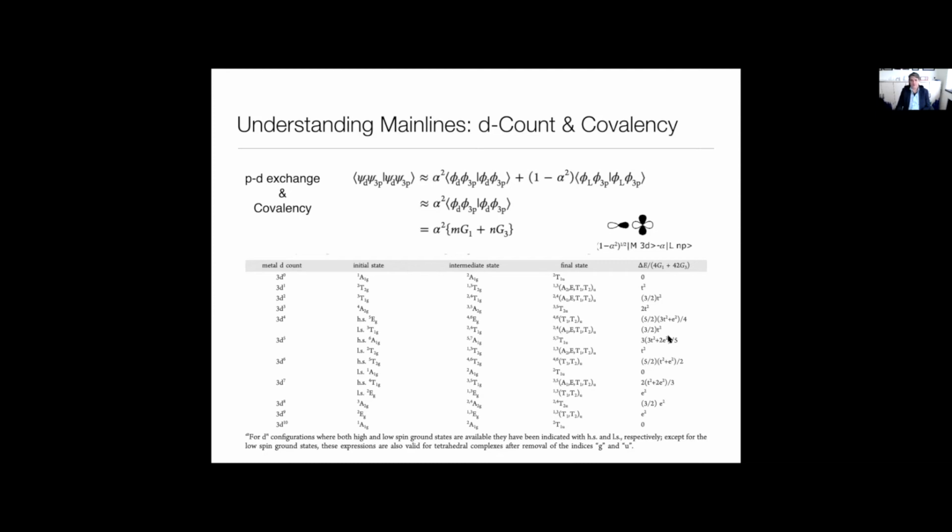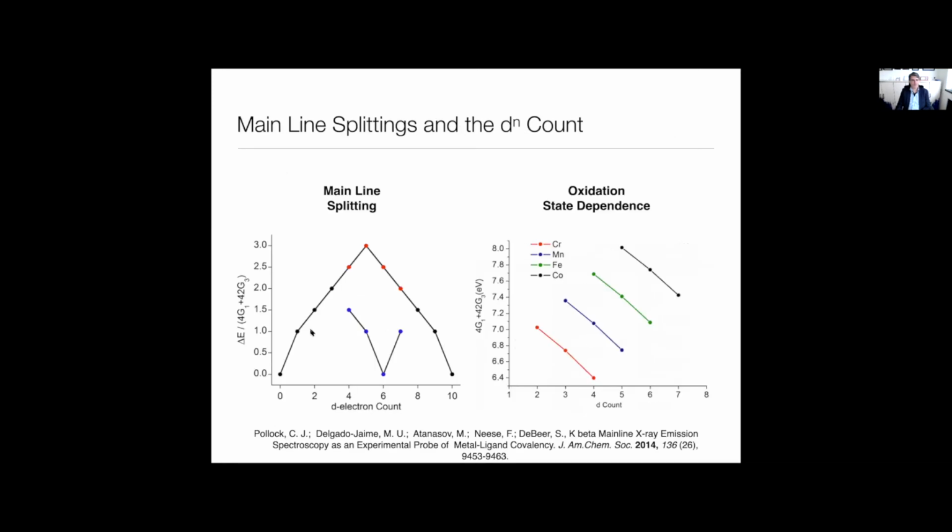And based on the table, you can then draw yourself a graph that shows you how that mainline splitting here is normalized by 4G1 plus 42G3, which are the Slater-Condon parameters, but they are essentially reflecting that exchange integral.